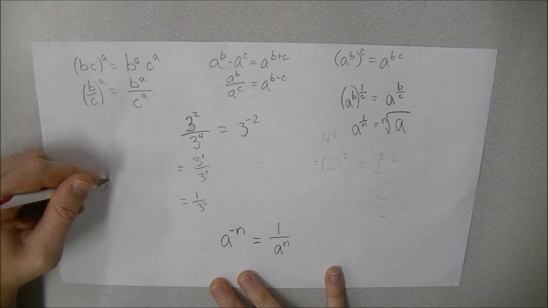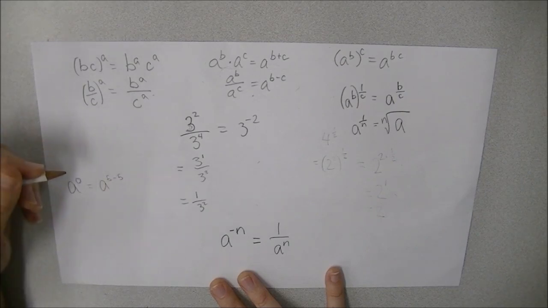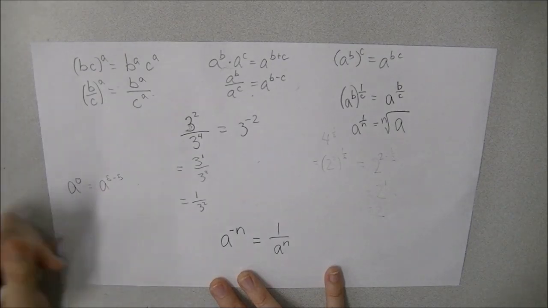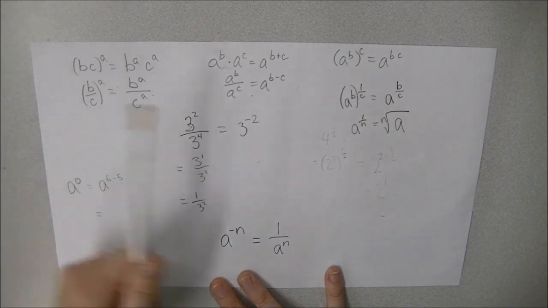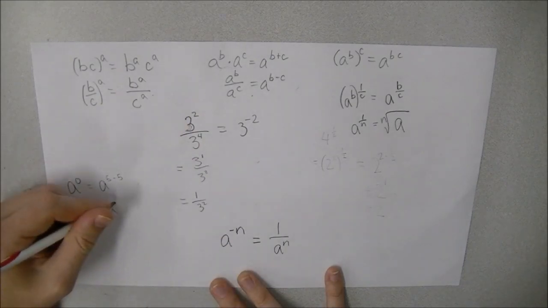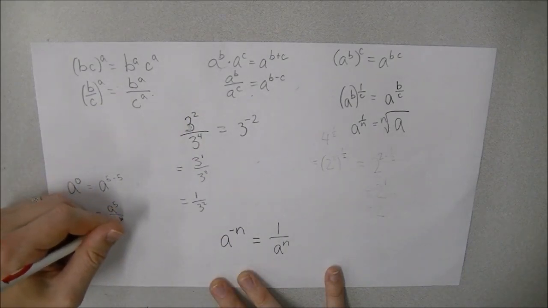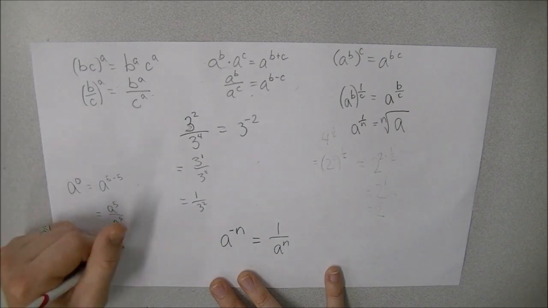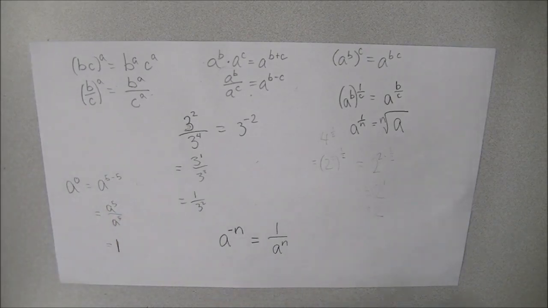That's the same as, reading this backwards, a to the 5 over a to the 5. That's a number over itself, so that must be 1. So a to the power of 0 is 1.